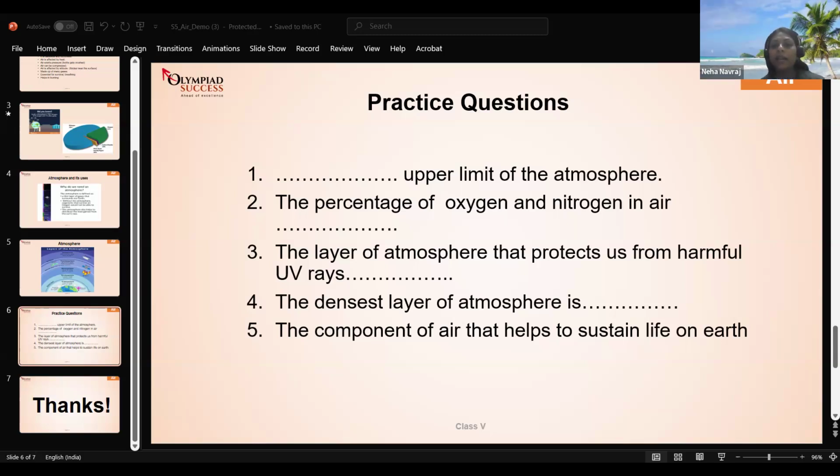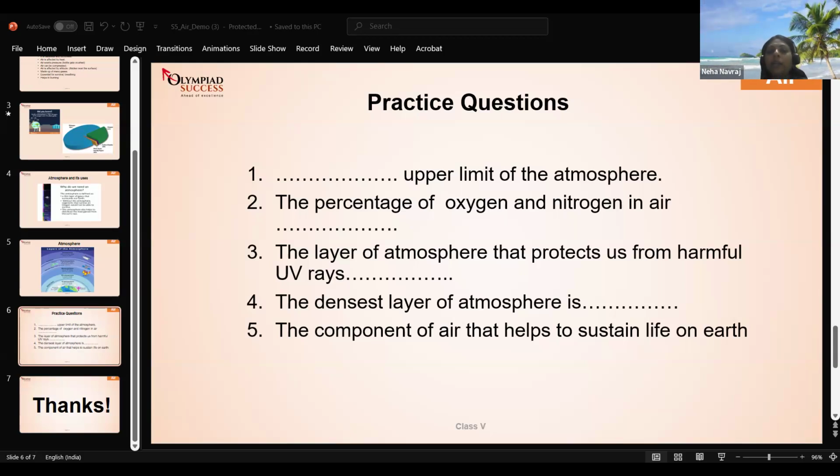Now coming to the next, what is the percentage of oxygen? Oxygen is 21% and nitrogen is 78%. Very good. Now coming to the third question, the layer of atmosphere that protects us from harmful UV rays? The ozone layer.